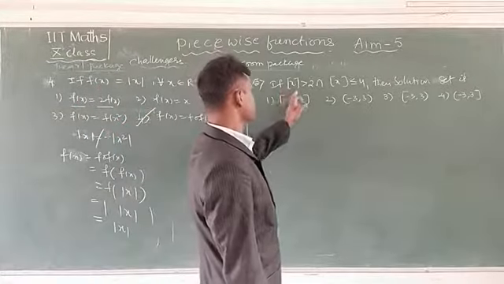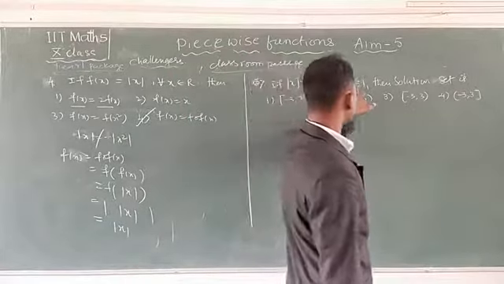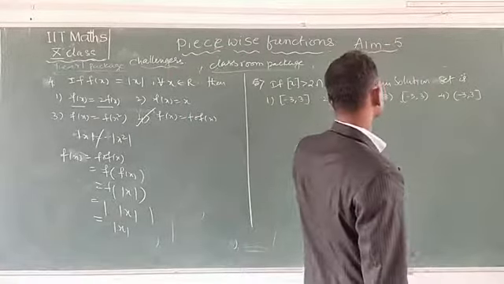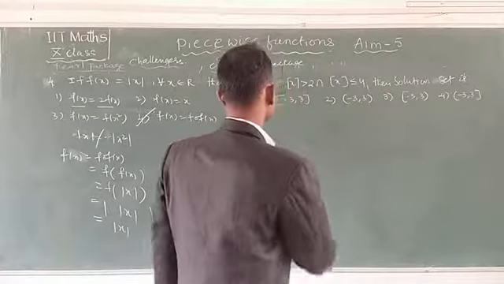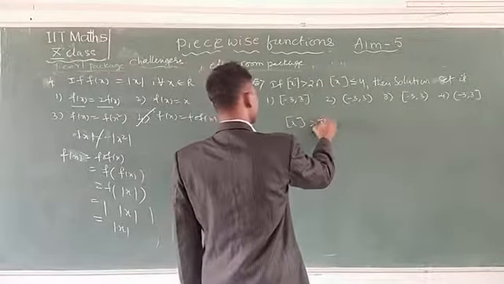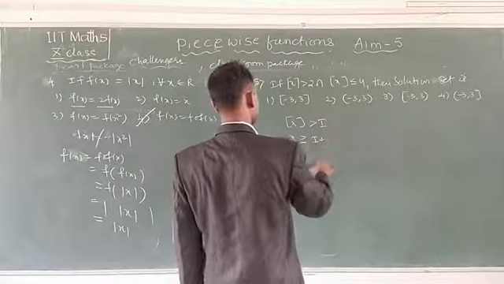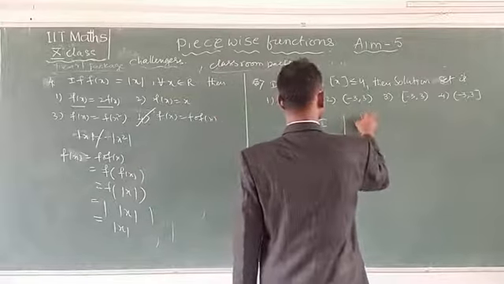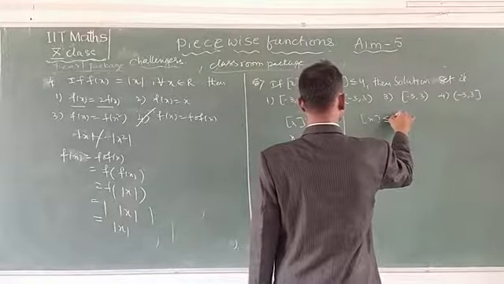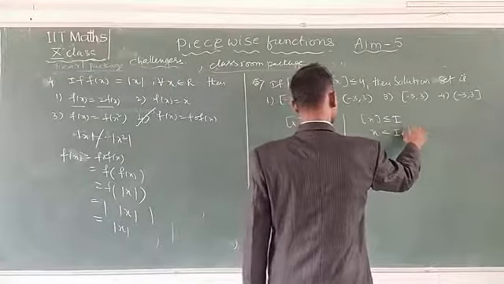Now see here, the fifth one. If step x is greater than 2, intersection step x is less than or equal to 4, then the solution set is, see here, this is also very easy. Step x is greater than I as given, means x is greater than or equal to I plus 1, and at the same time step x is less than or equal to I as given, means x is less than I plus 1.